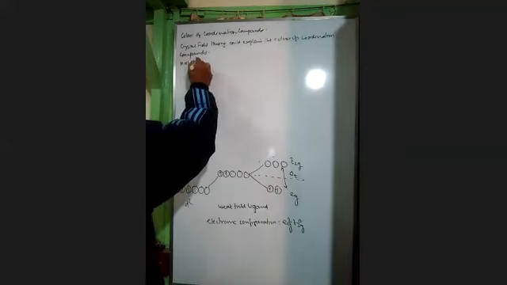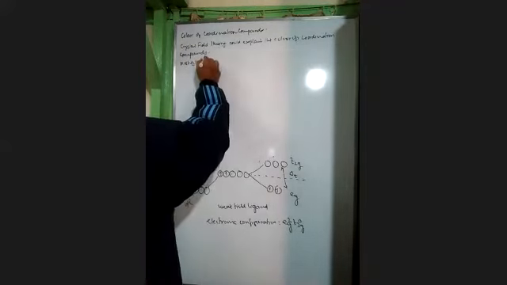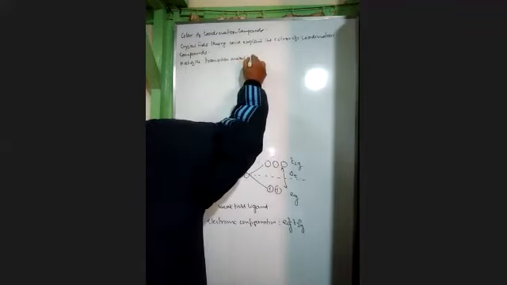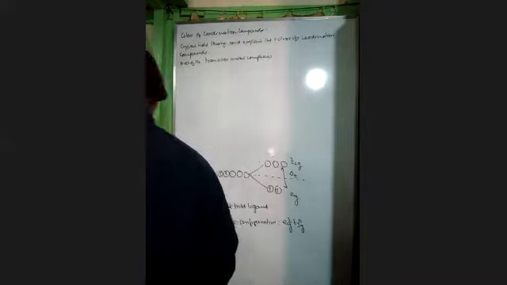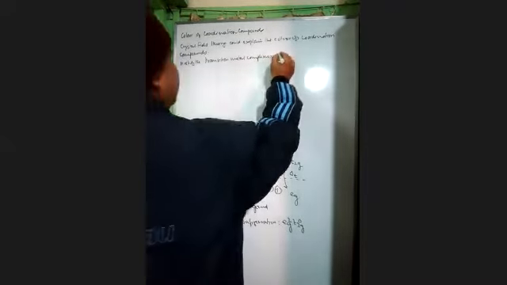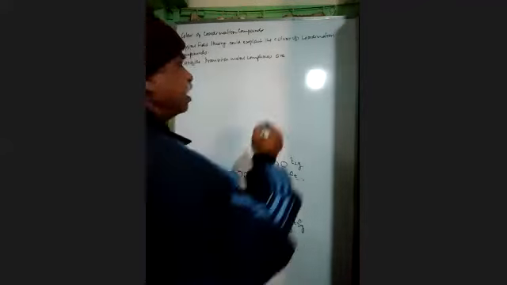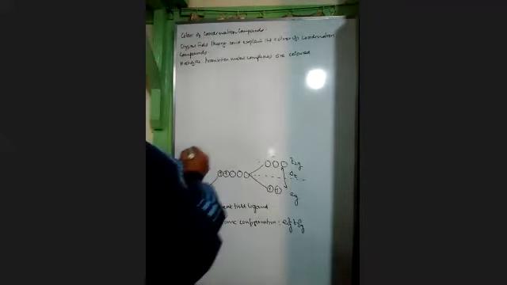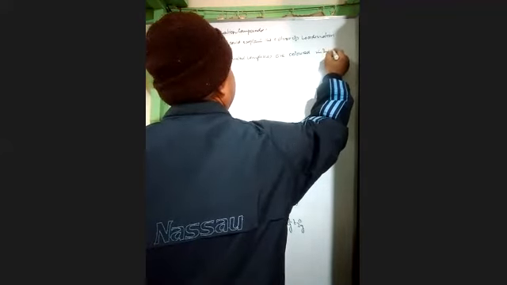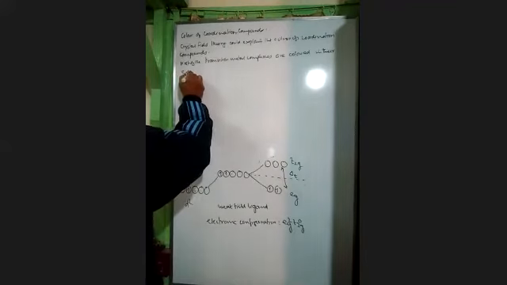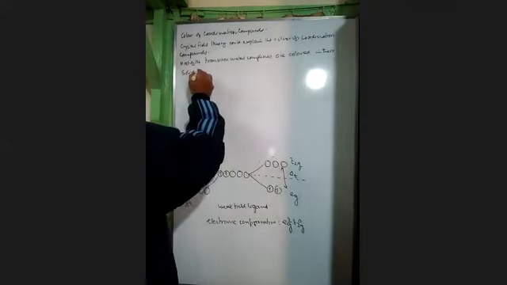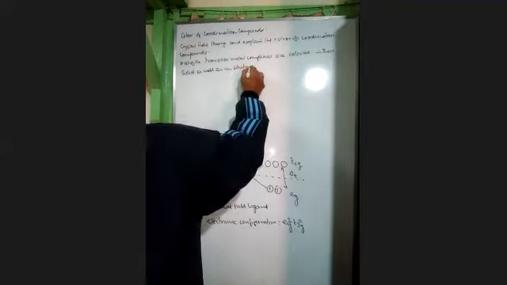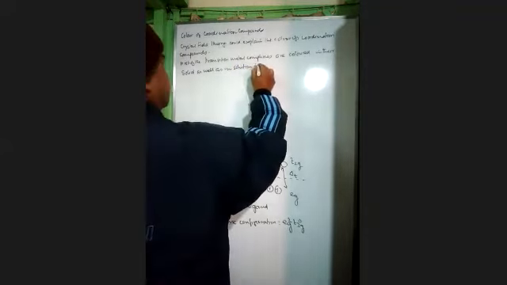Most of the transition metal complexes are colored in their solid as well as in solution form.